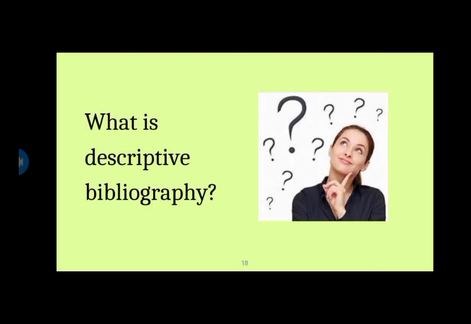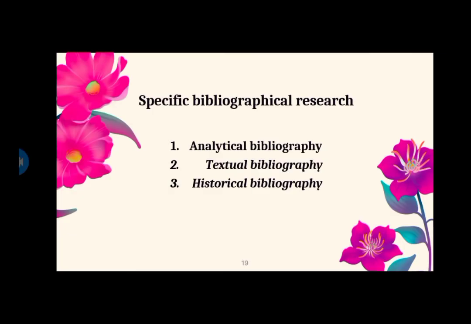Descriptive bibliography is concerned with the book as a physical entity or material object. An important function of descriptive bibliography is to describe the ideal copy or primary document and its variants. This process can be broken down into more specific bibliographical research, including the following. First, analytical bibliography, which is concerned with the physical description of the book in order to determine the details of the physical process.